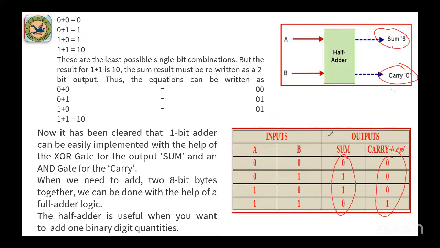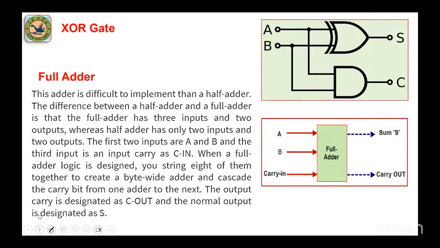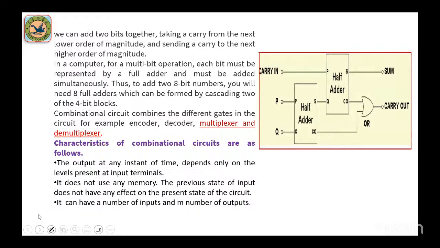The sum is only the XOR gate. This is the full adder here.